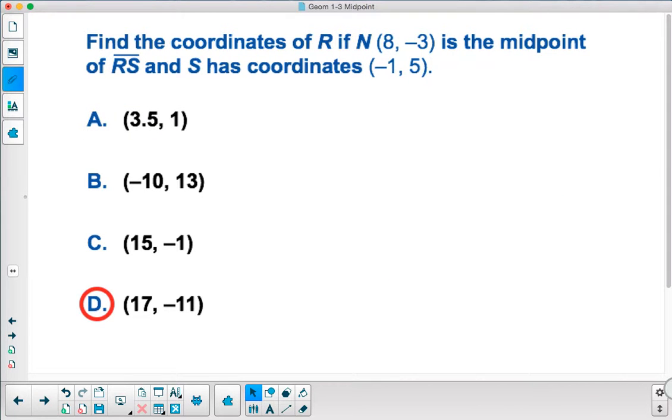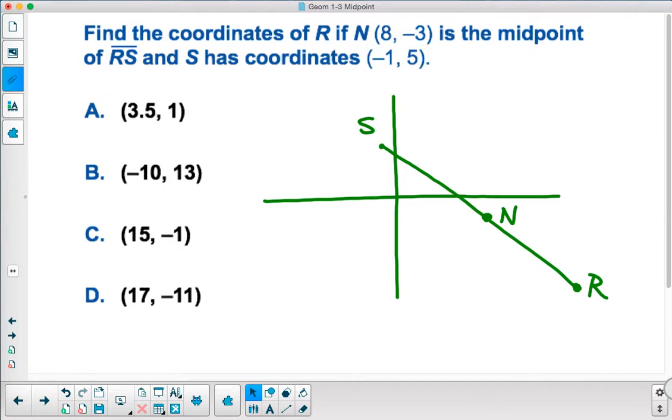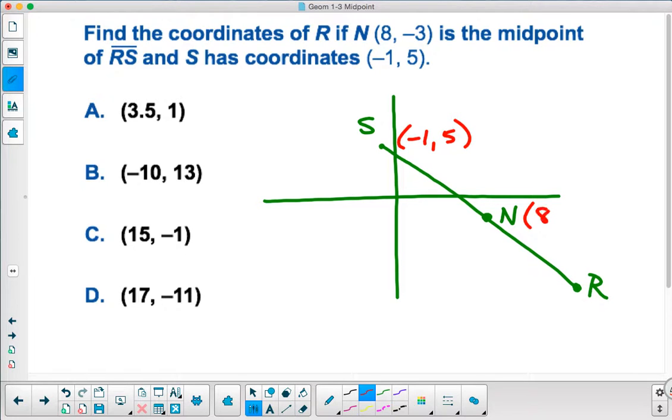Okay, so how do we get there? Here's what you could do. S is -1, 5, N is 8, -3, and we don't know what R is. Let's just call those X, Y. Now to do a midpoint, that formula said average the endpoints to get the midpoint.